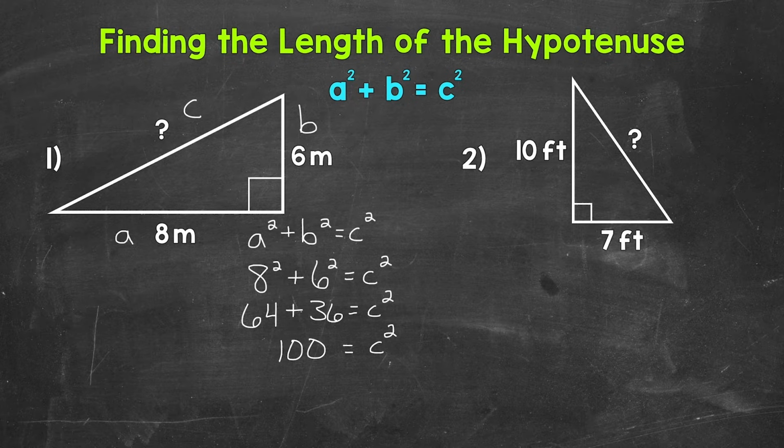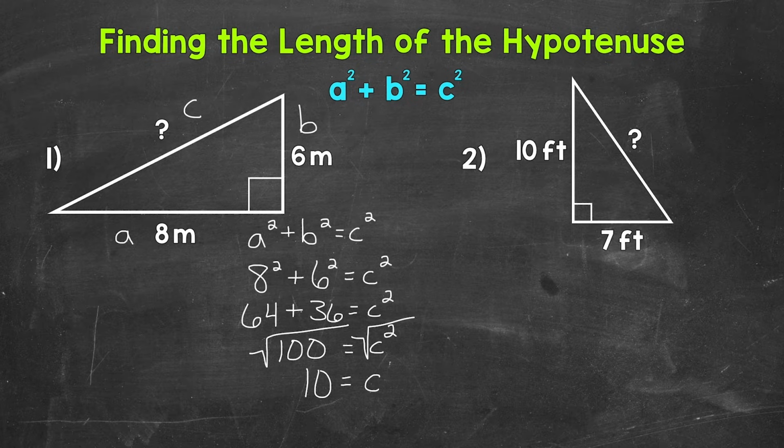Since c is being squared, let's take the square root in order to isolate c. Whatever we do to one side of the equation, we must do to the other, so we need the square root of 100 as well. C is now isolated, so we have c equals, and then the square root of 100 is 10.